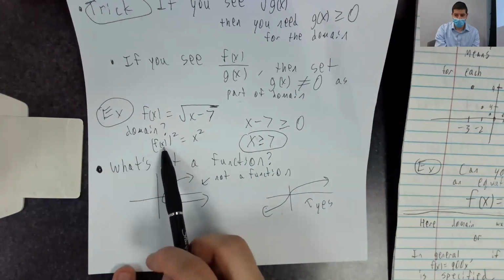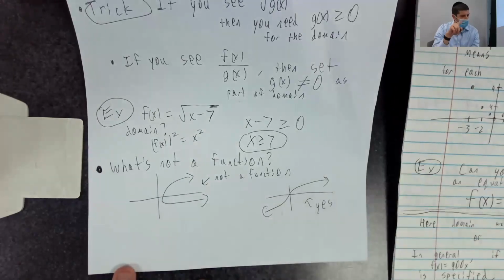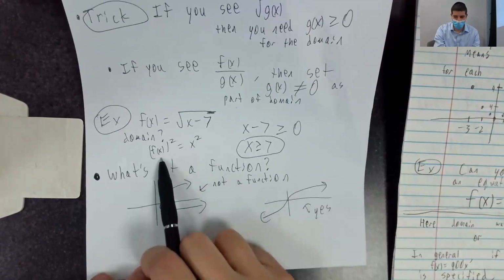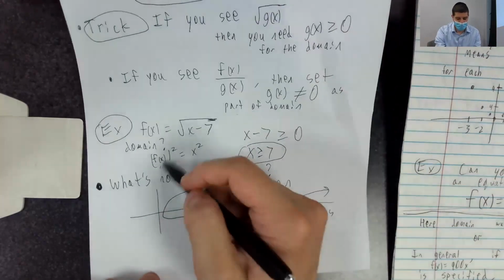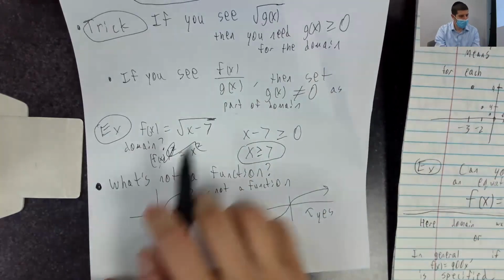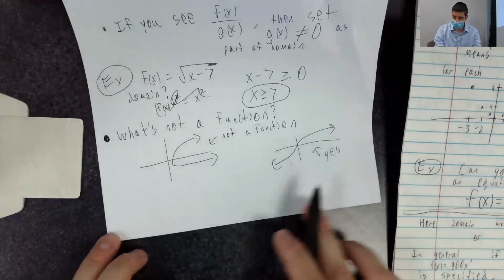Well, this won't really be a function, because if I try to solve for f of x and take a square root, there are two solutions, a plus and a minus version. So that's not a function because there are multiple outputs. But as long as it's just f of x on one side by itself, that'll be a function. I'm only getting one output.